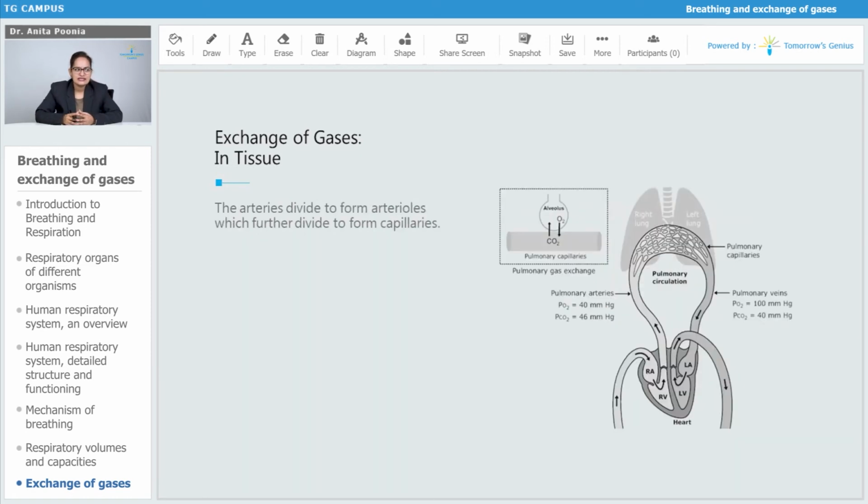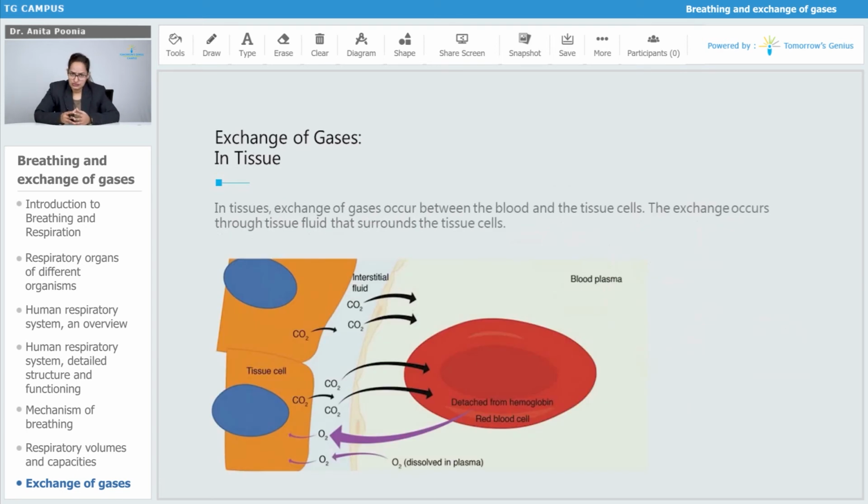The arteries are divided to form arterioles, and they further get divided into minute vessels that are capillaries, which can reach even tiny cells. In tissues, exchange of gases occurs between the blood and the tissue cells, and the exchange occurs through the tissue fluid that surrounds the tissue cell.